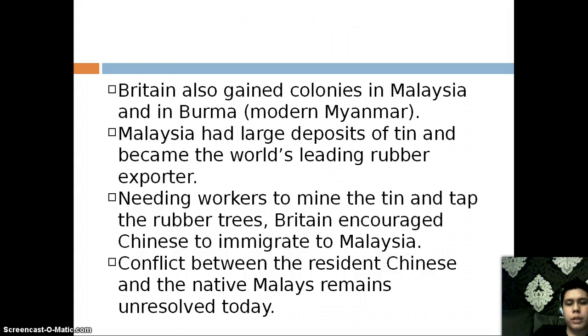Why did the British encourage Chinese people to immigrate to Malaysia? It's because the British needed workers to mine the tin and tap rubber trees. The problems between the resident Chinese and native Malaysians remain unresolved today.